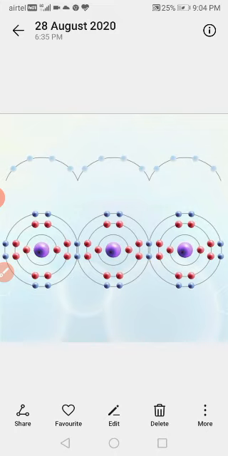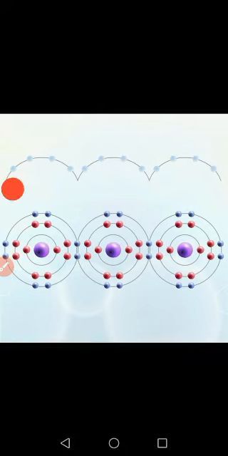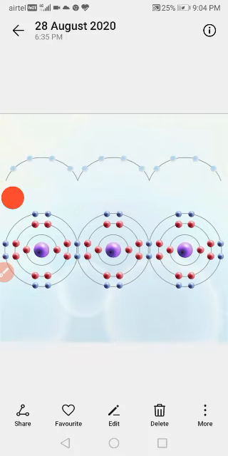And you can see these electrons which are red in color won't participate in any transition, because these electrons are at a very low energy level, and these are the inner electrons, and only the outer electrons participate in the transitions.